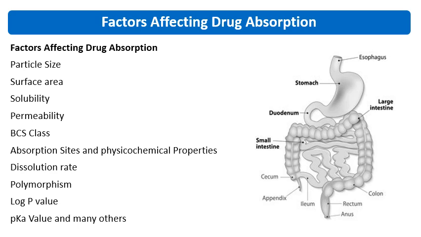The factors are particle size, surface area, solubility, permeability, lipophilicity. Then the important thing is the BCS class of the drug molecule, then absorption sites and the physicochemical properties of the drug substance, dissolution rate of the formulation if it is oral solid or oral liquid formulation, polymorphism of the drug substance, log P value, pKa value and many others.